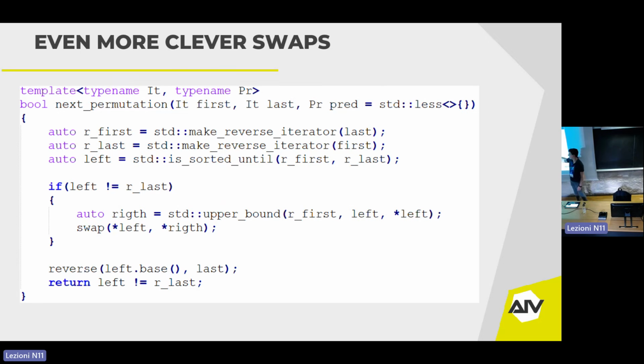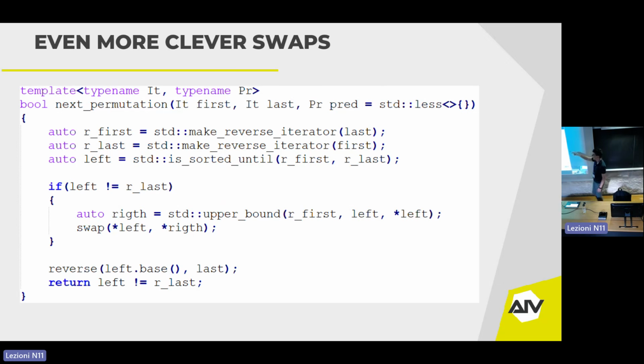Also, we learn the existence of reverse iterator. make_reverse_iterator creates a copy of the given iterator, but this iterator will behave in the opposite way of a standard iterator. If you do plus plus on first, you will go ahead by 1.